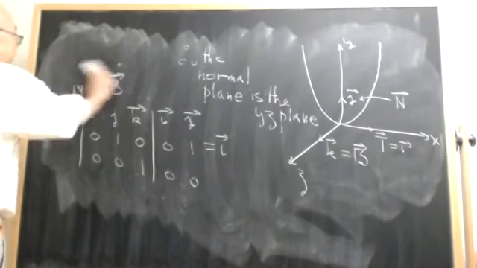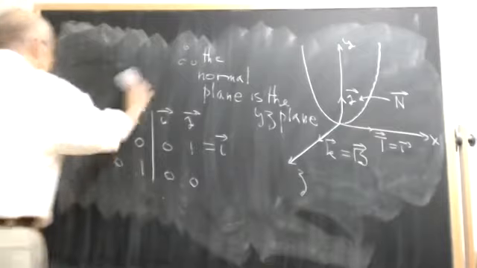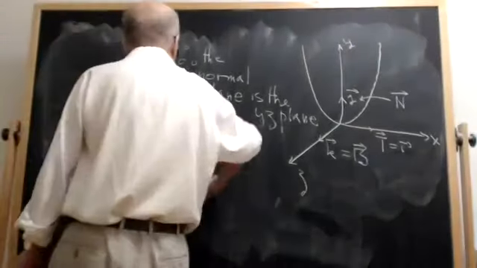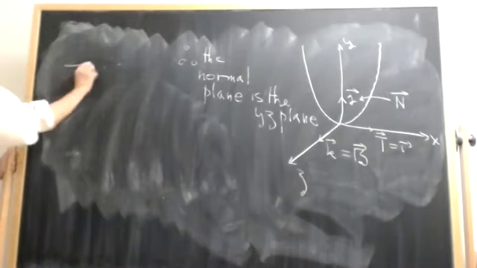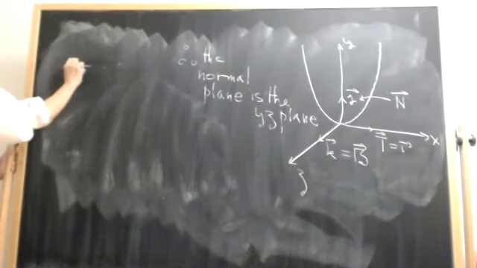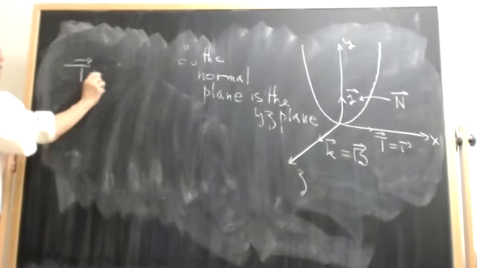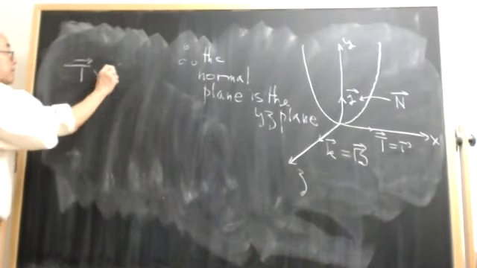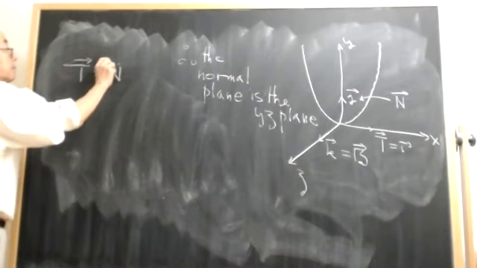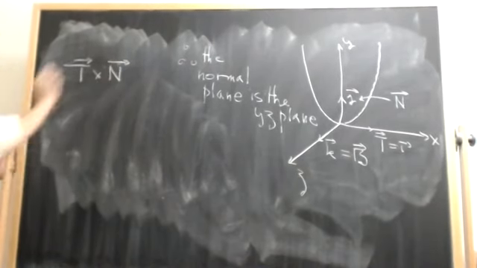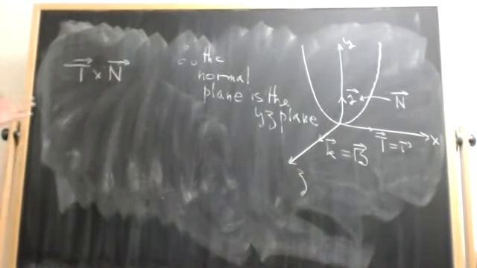The osculating plane is obtained by looking at T cross N. And a student actually said that this is something like a tangent plane, but let's see. What is T?